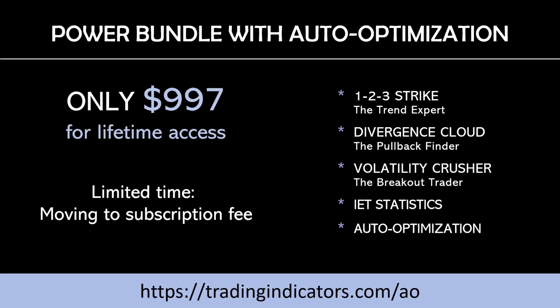So yes, I believe many of these signals can be used for options because they give you directionality. So if there's a buy signal on any of the indicators, basically it tells you that the logic of the indicator says that price might move up.